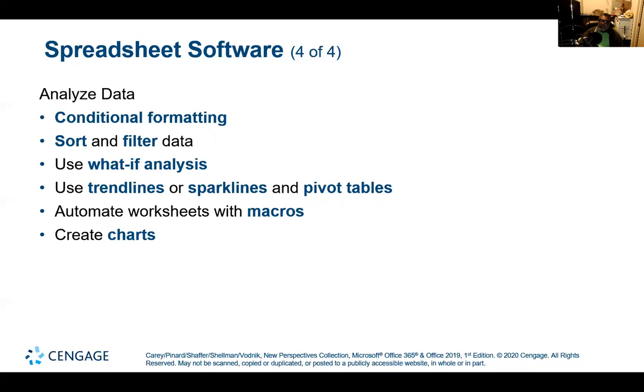Conditional formatting. You can sort, you can filter data, use a what-if analysis, use trend lines or sparklines and pivot tables. Pivot tables is a real slick way of doing some of the functionality of querying the information that you have. Automate the worksheet with macros.